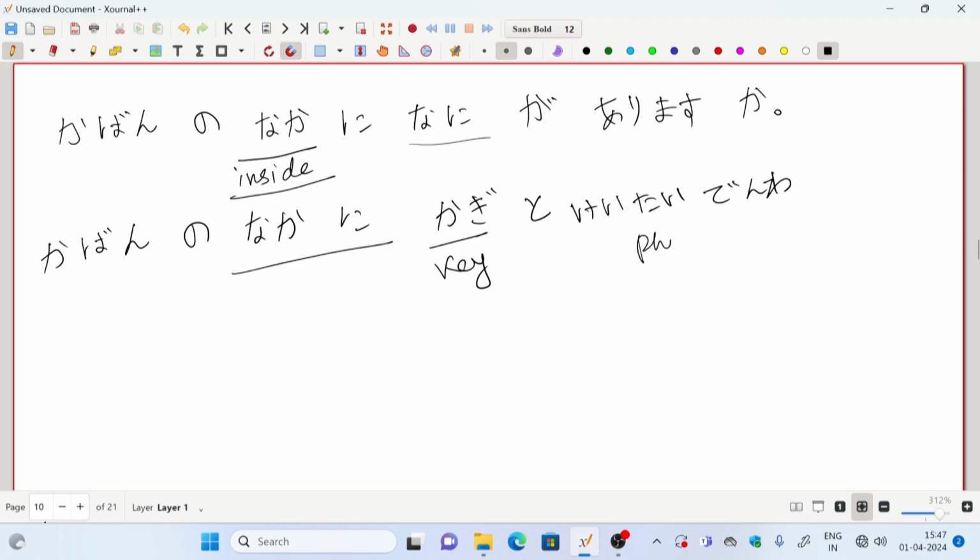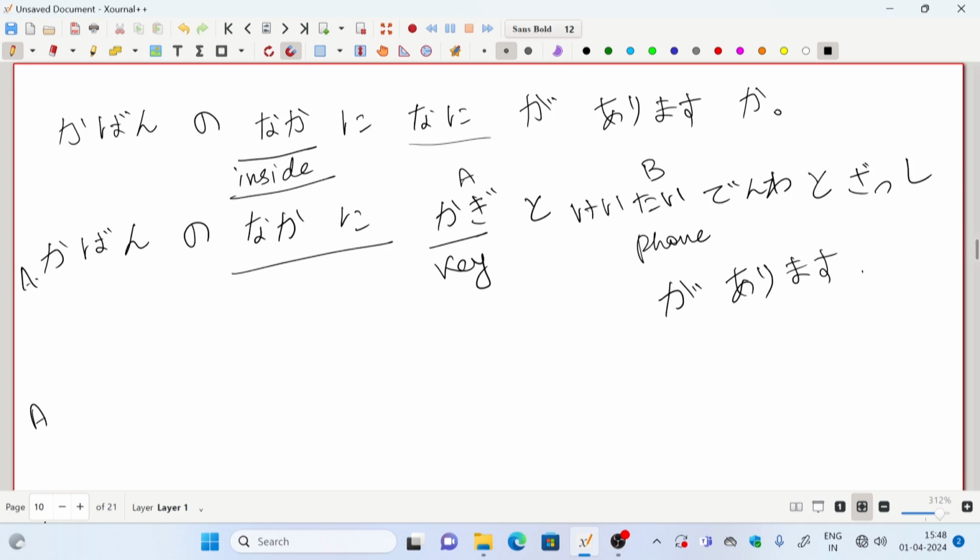Kagi to phone to, A to B to C could be journal, any magazine. So magazine in Japanese is called zasshi. Ga arimasu. So that is one reply.